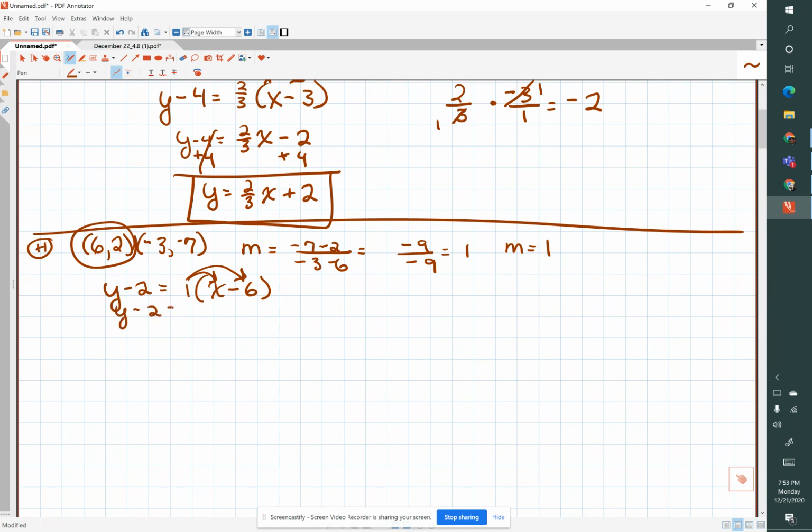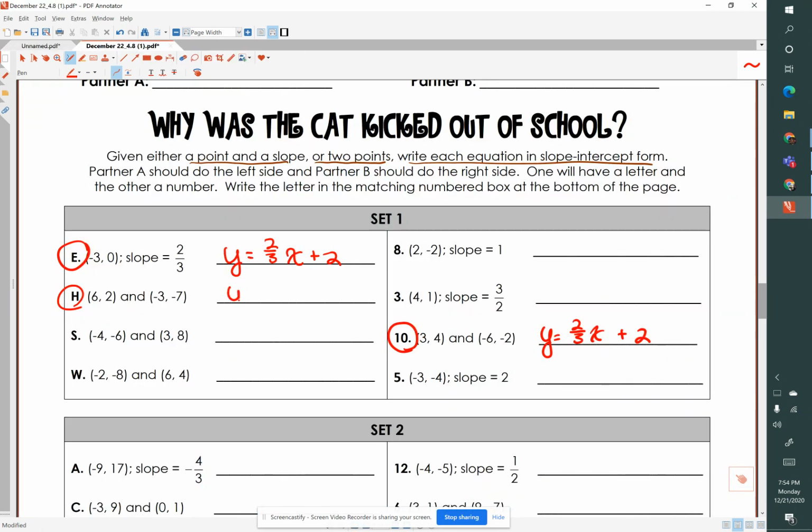Y minus 2 equals x minus 6. Then we add 2 to both sides. And we have y equals x minus 4. And that will go on our H line.